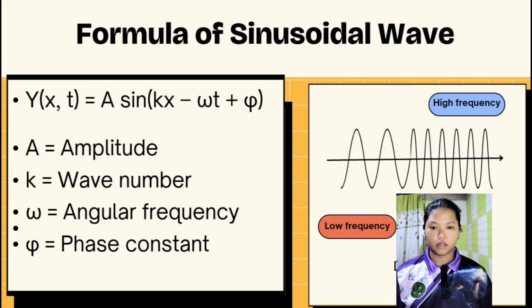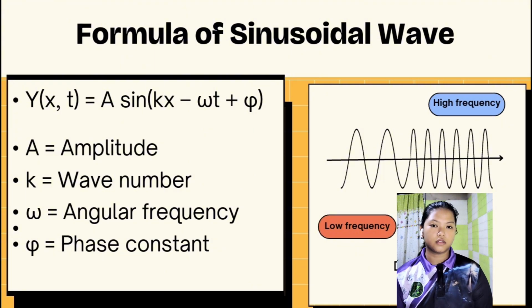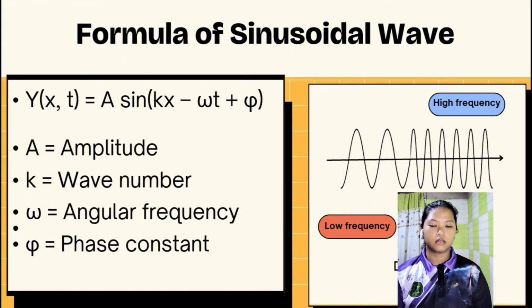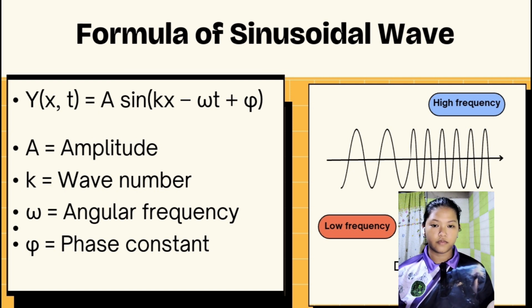The formula for a sinusoidal wave is y of x and t equals A sine of k x minus omega t plus phi. A is the symbol for amplitude, k for the wave number, omega for the angular frequency, and phi is the phase constant.